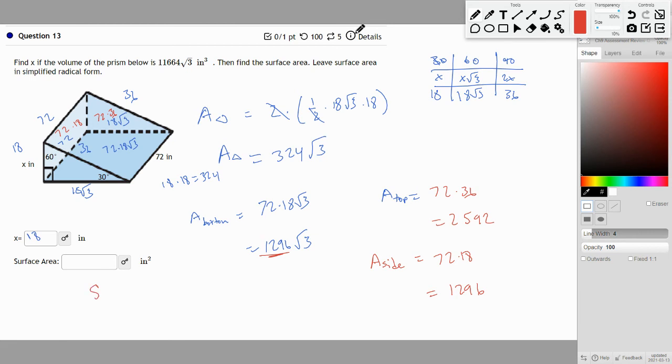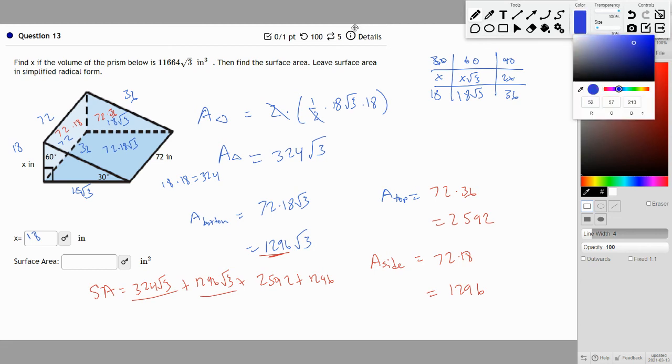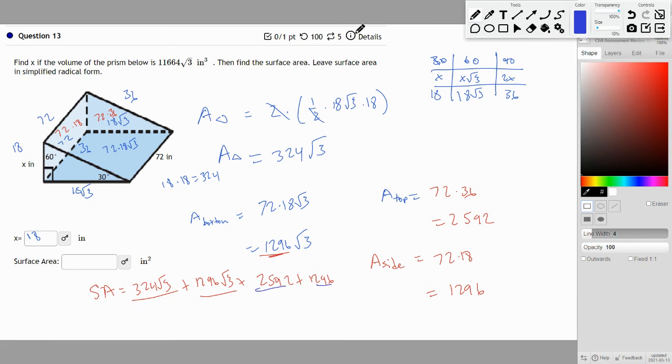So surface area is equal to 324 root 3 plus 1,296 root 3 plus 2,592 plus 1,296. So I can combine these two together, and I can combine these two together. But I can't intermix them because the first two terms have a root 3 and the second two terms do not. So you can't combine those because they're not like terms.